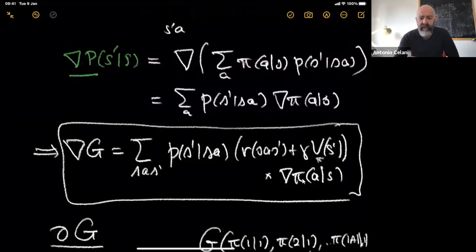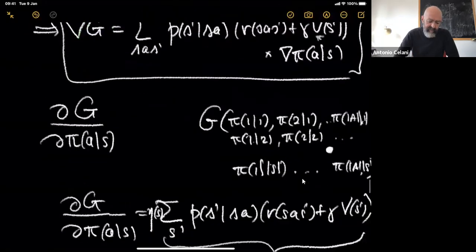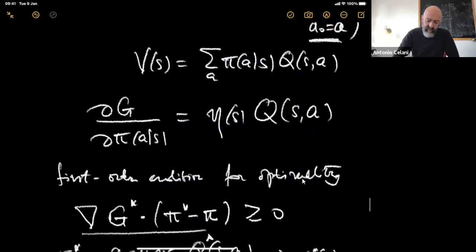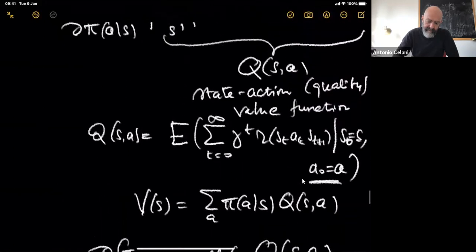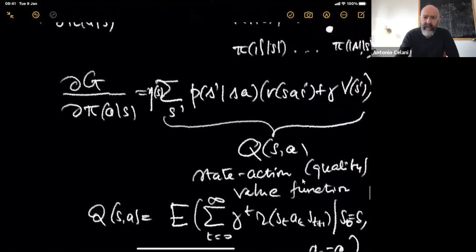If you wish, go a little step below this expression here. You compute the value function, and then you combine linearly these objects. These things also obey a linear equation, and therefore you can derive the gradient from these two steps.